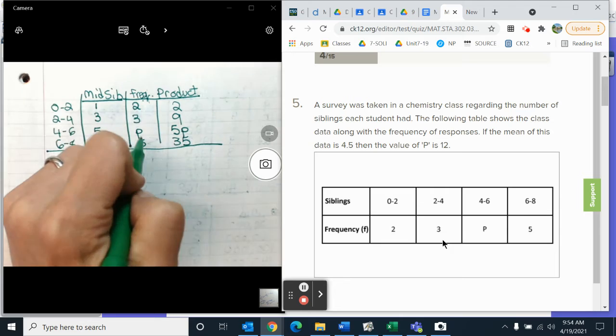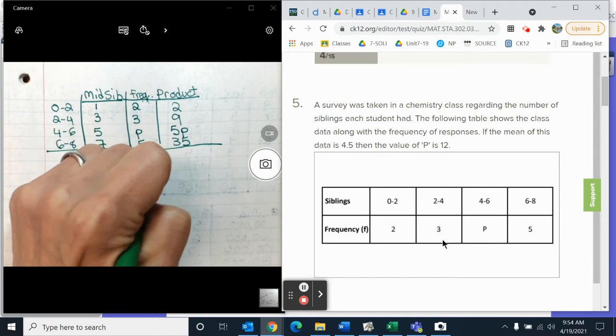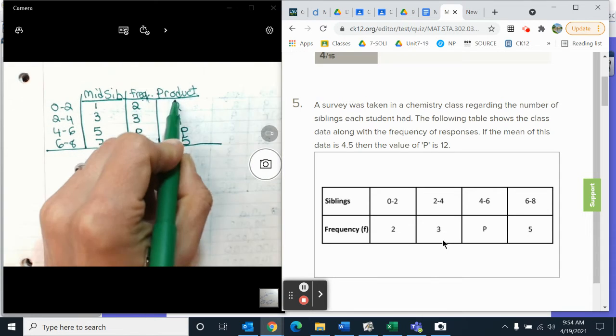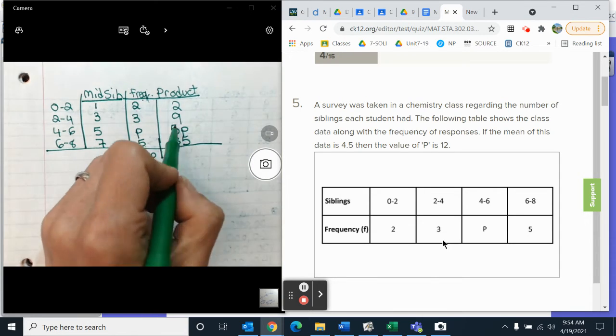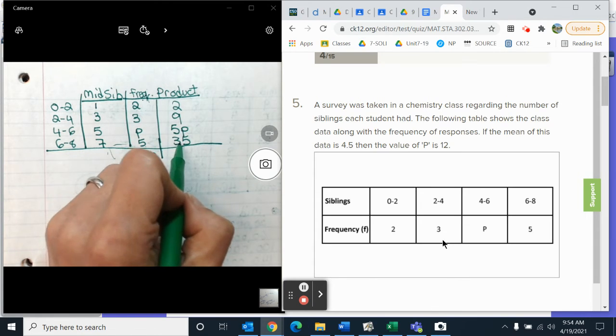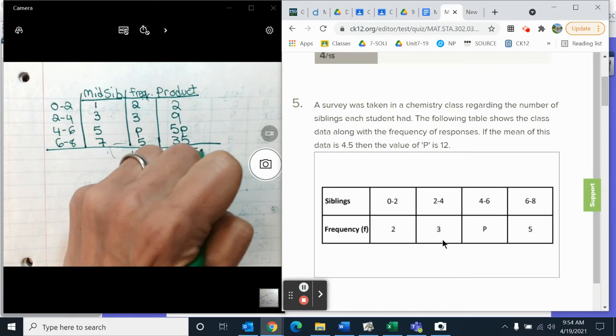Our frequency would be 5 is 10 plus P. And then when we add up all of our product, we get 11, so that's 46. We have 46 plus 5P.